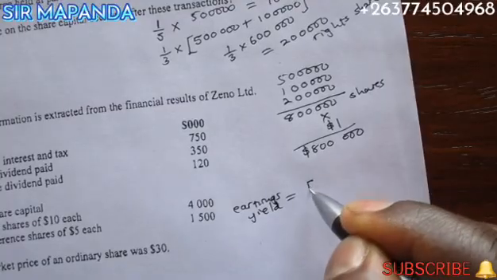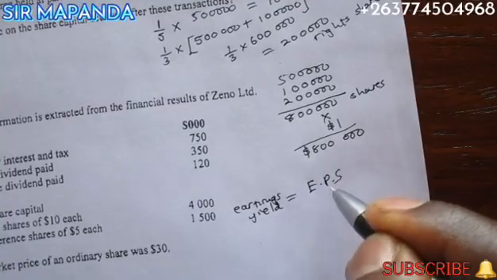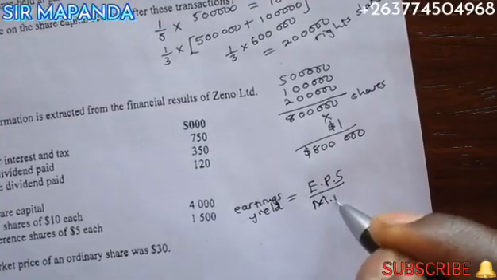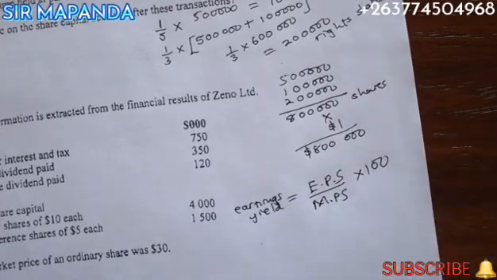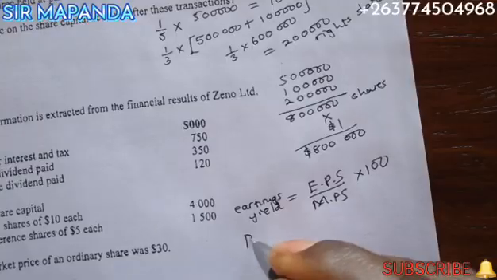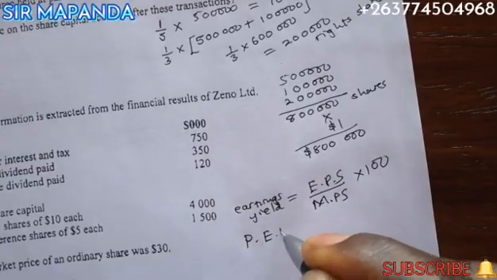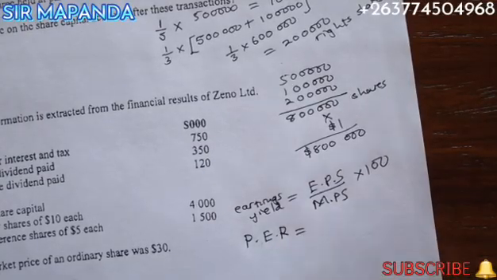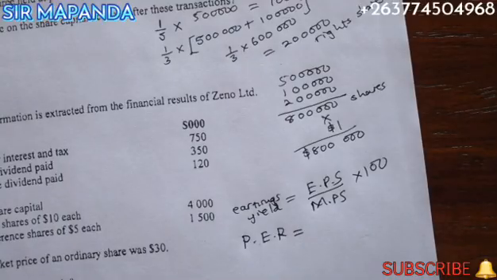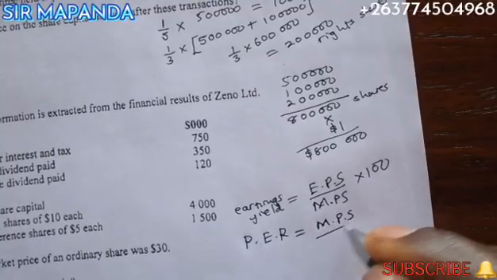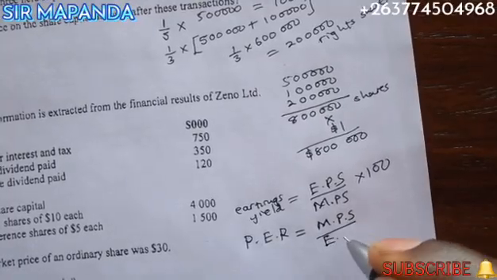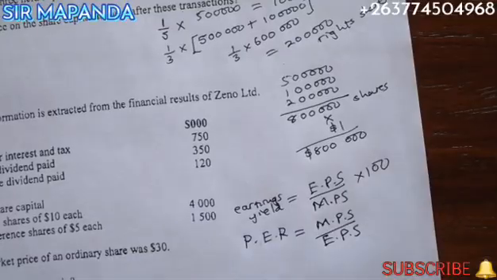Earnings yield is equal to earnings per share divided by market price per share times 100. So price earnings ratio, the required, is going to be calculated by reciprocating the earnings yield ratio. So it means MPS, which was the denominator, becomes the numerator, and EPS, which was the numerator, becomes your denominator. You get your price earnings ratio.